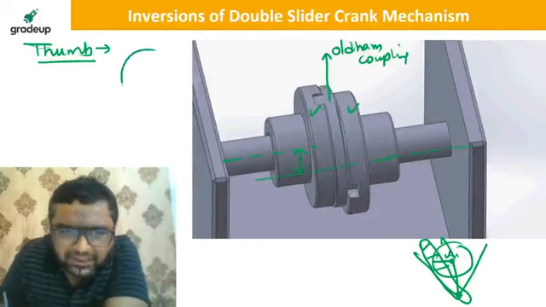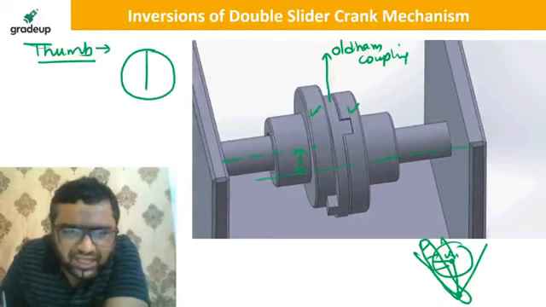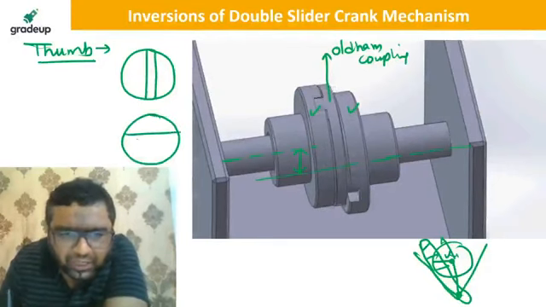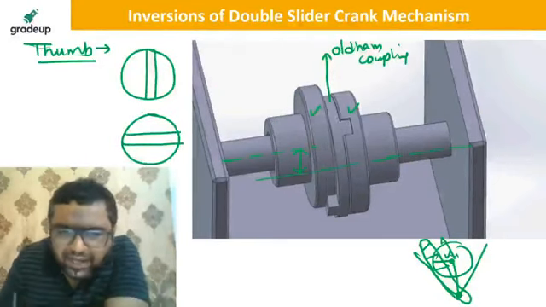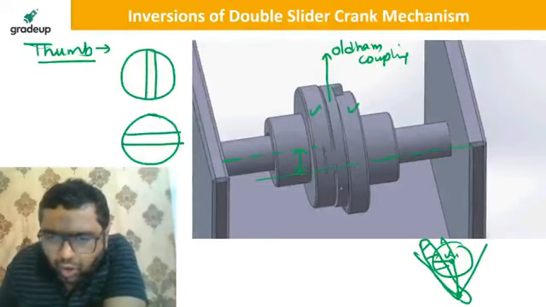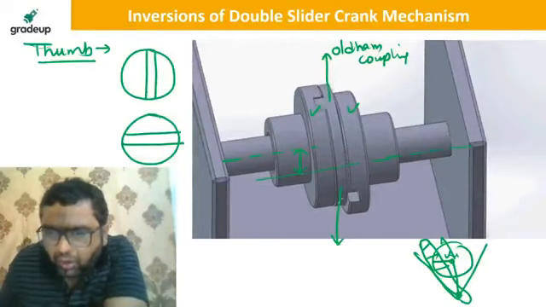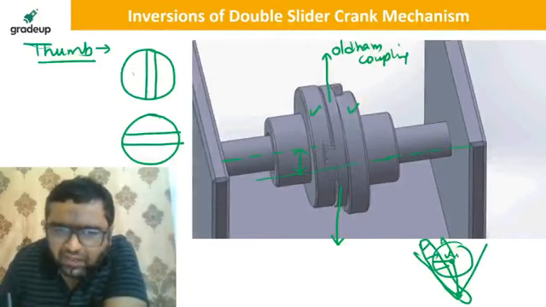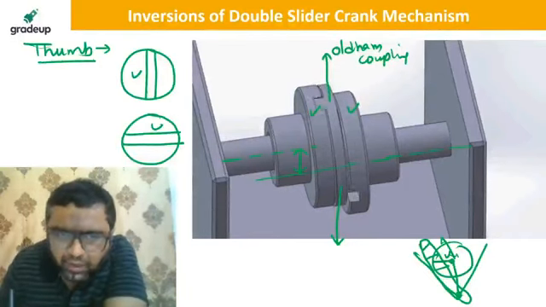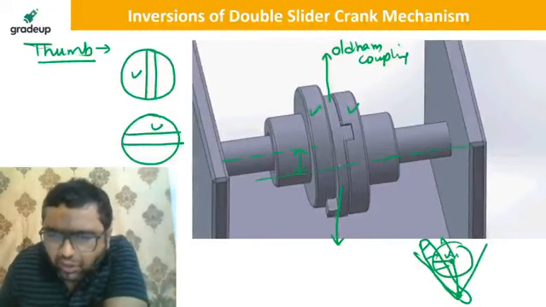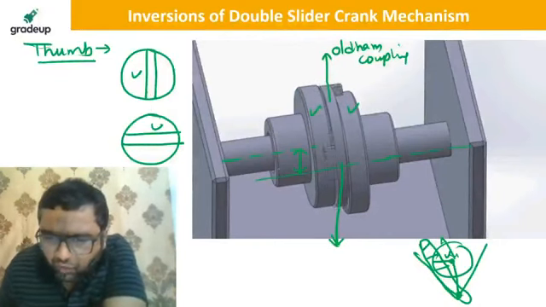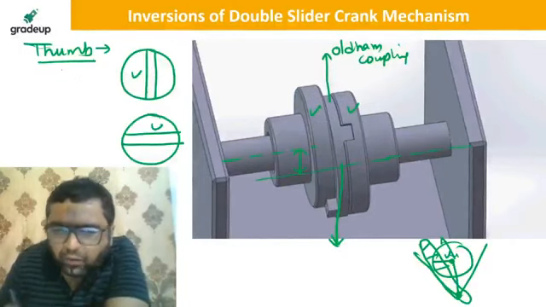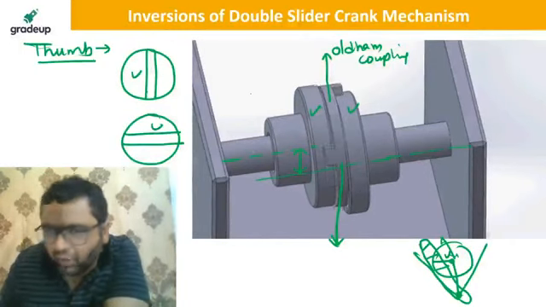Oldham coupling is like this. On one side there is a slot like this, on another side there is a slot like this. Why are they at 90 degrees? So that Oldham coupling shall not go below or move away from these two. So for proper locking, one is vertical, one is horizontal. If both are vertical, definitely the Oldham coupling may go away from these two shafts. Similarly, my dear, these are the slots present on driver and driven shaft to join the Oldham coupling.